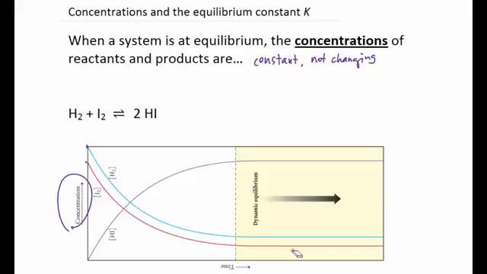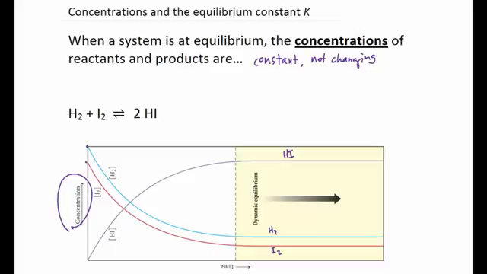So here's an example where at equilibrium we have fairly low concentrations of H2 and I2, and a fairly high concentration of HI, but it's not complete and total. It's just that the concentrations have stopped at that point.